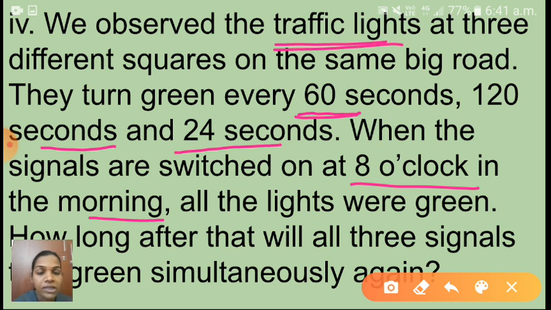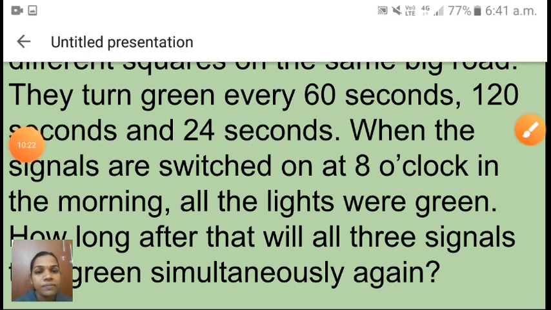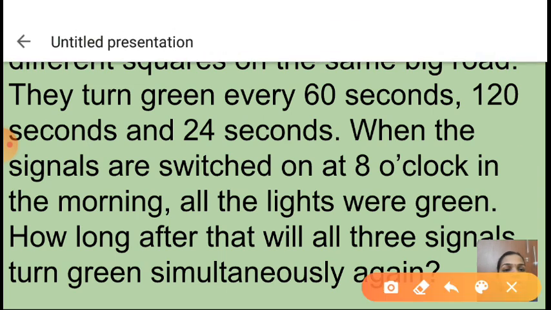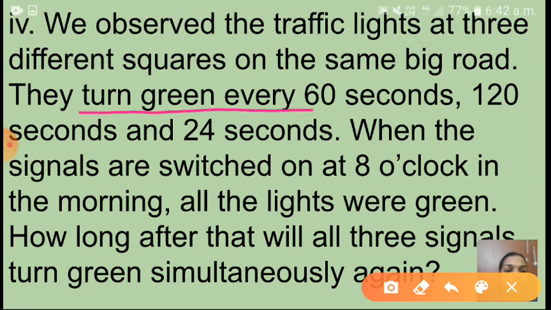Understood the question? I will explain here, children. See, one big road is there. On that road, at different places, three traffic signals are there. Just imagine that the first traffic signal turns green every 60 seconds. And the second signal every 120 seconds.